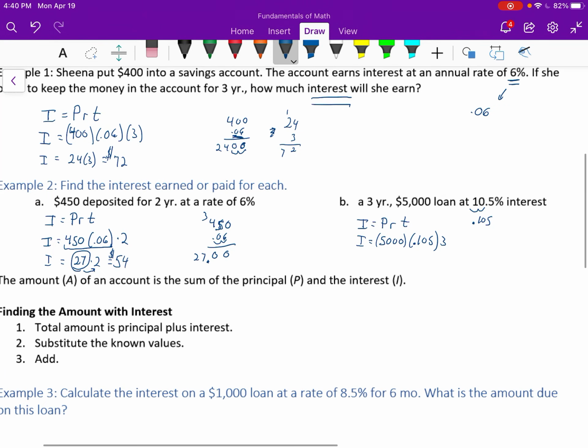So we come over and we multiply 5,000 times 0.105. That's 0, 0, 0, 25. We add a 0. Now we're at this place, but that's all zeros. Now we're at the 1, so add 2 zeros. And we have 0, 0, 0, and 1 times 5 is 5. We add those up.